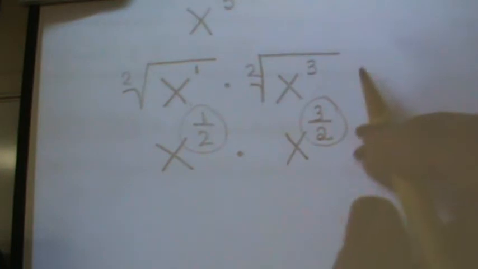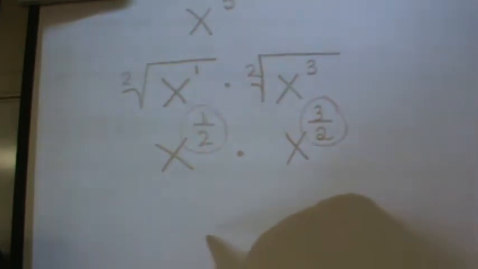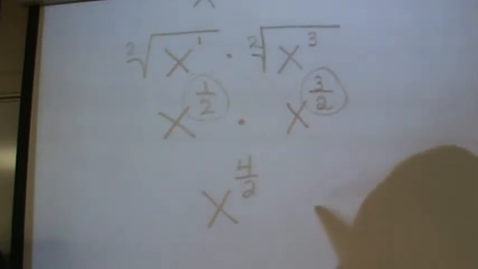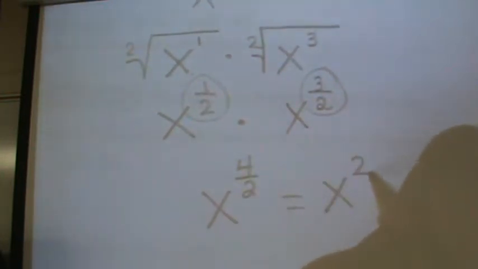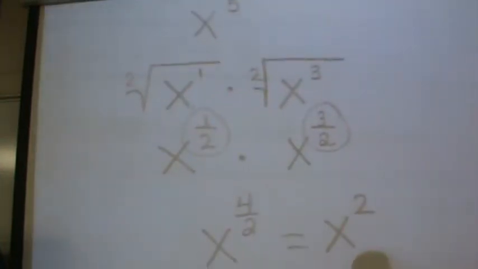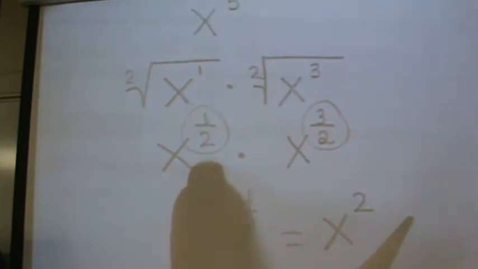Can you add 1/2 and 3/2? What do you get? 4/2. Good. And what's another name for 4/2? 2. So this question simplifies to x squared. How did I do it? I rewrote it as a rational exponent, and then I used this rule.